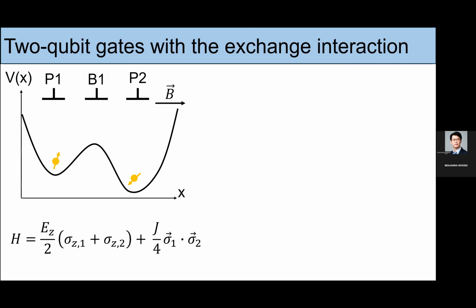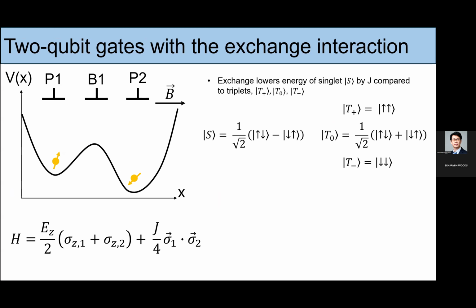Classically. Now, it turns out when you apply quantum mechanics, it's a little bit more than just up and down, because you can have equal superpositions. And so instead of it being just up and down, it causes splitting between what we call the spin singlet and the spin triplets.